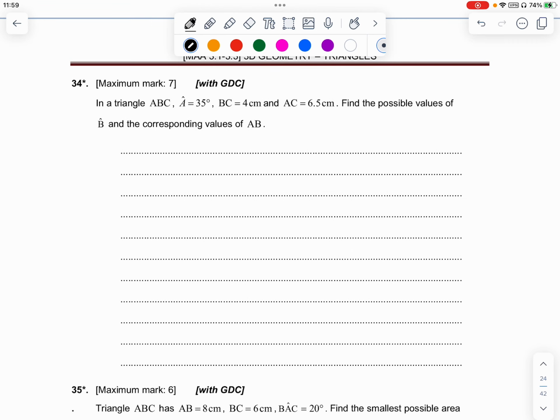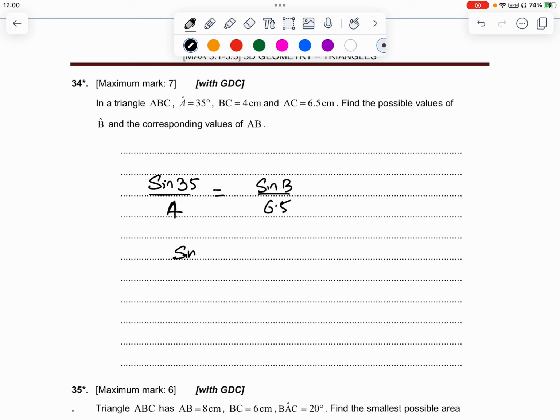Question number 34. In the triangle ABC, angle A is 35 degrees, BC is 4 centimeters, AC is 6.5. Find the possible values of B and corresponding values of AB. So sine 35 upon 4 equals to sine B upon 6.5.